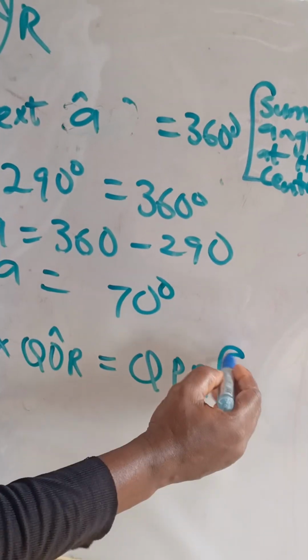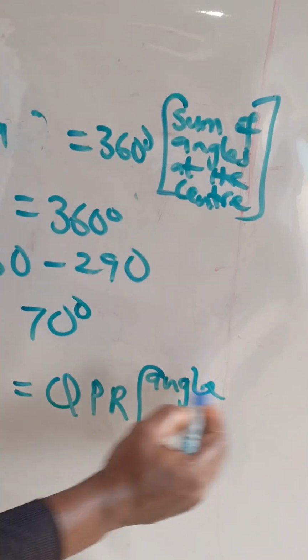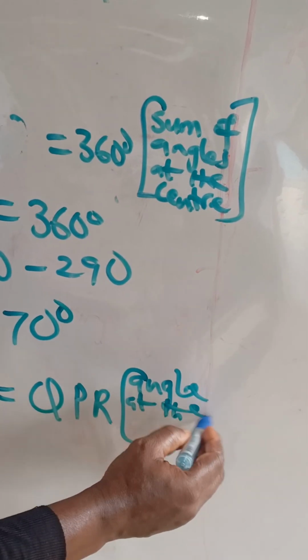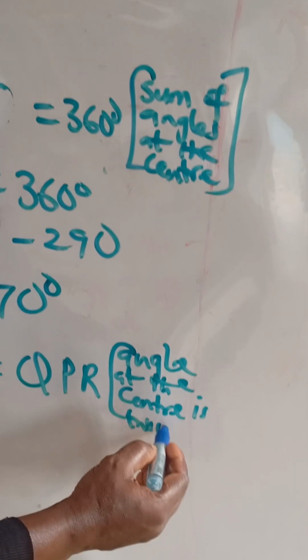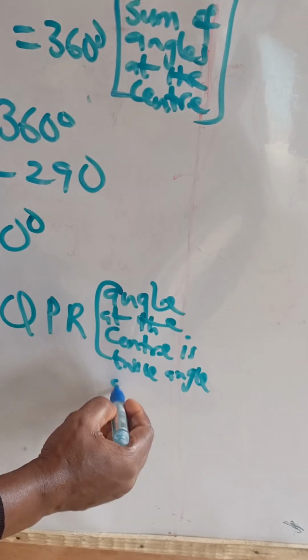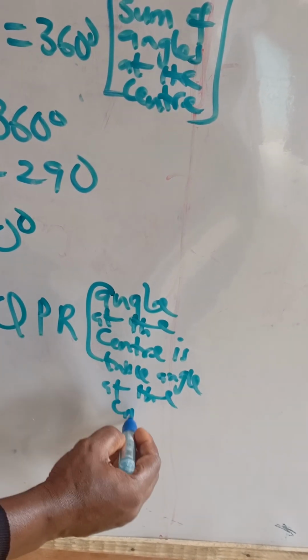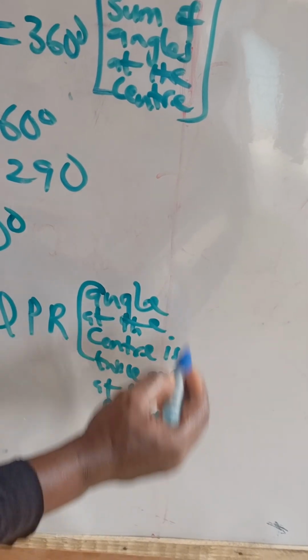What is your reason? You must write it. Angle at the center is twice angle at the circumference. Please learn to be writing your reason.